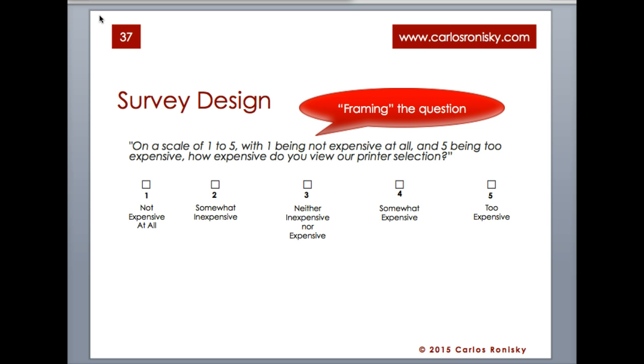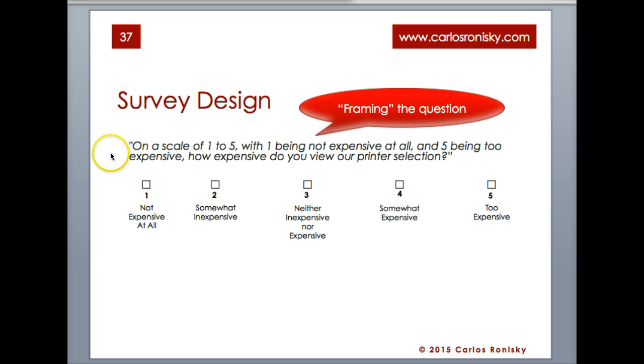Here's another example of the Likert scale and how we're measuring degrees. In this question, we're asking, on a scale of 1 to 5, with 1 being not expensive at all and 5 being too expensive, how expensive do you view our printer selection? You're not asking straight out, are our printers expensive, yes or no, because there are degrees, especially when we consider our dollars, right? So these are the degrees along the bottom line.